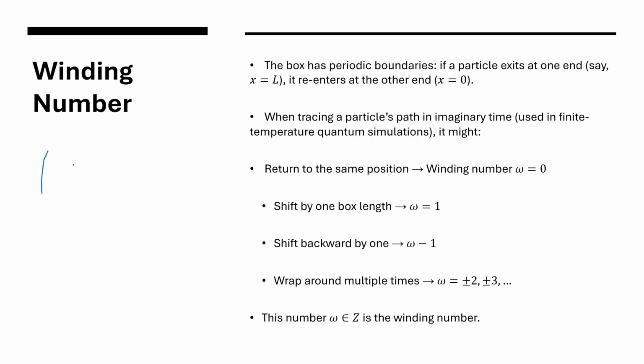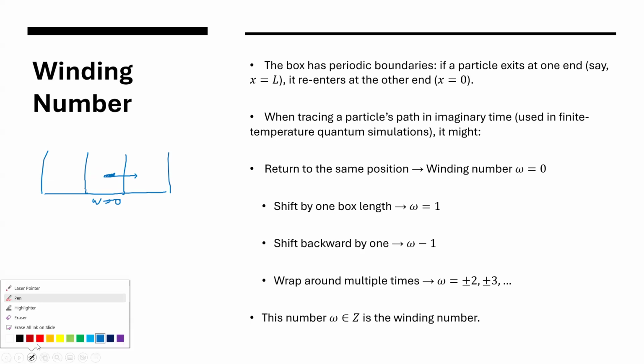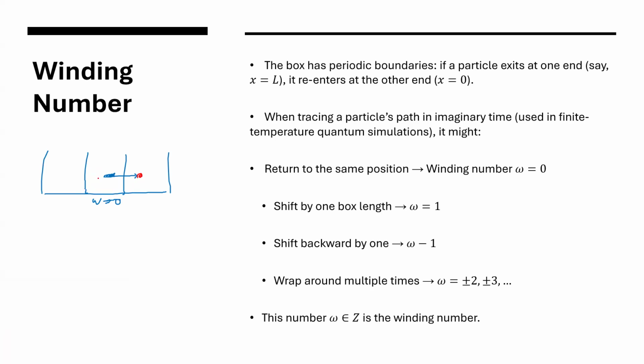So if this is the omega equal to 0 case box, and a particle is over here, and it comes somewhere here, that means it appears over here.